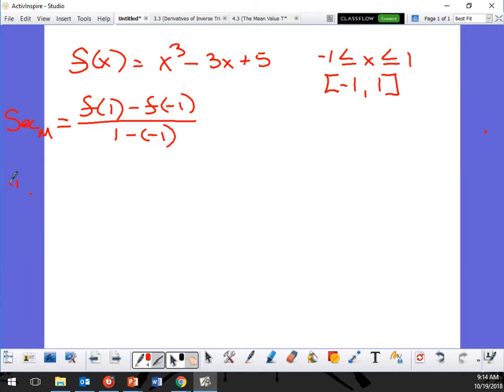So let's see, f of 1 is going to be 1 minus 3 plus 5, that is 3, right? Minus, so -1 to the third, so that's -1 plus 3 and plus 5. So look, -1 plus 3 plus 5, 7. Okay. 7 over 1 plus 1.